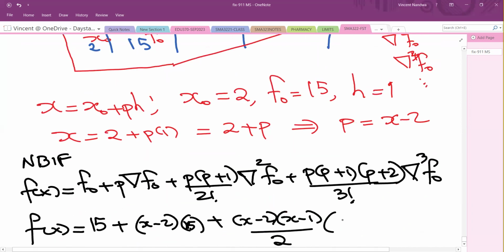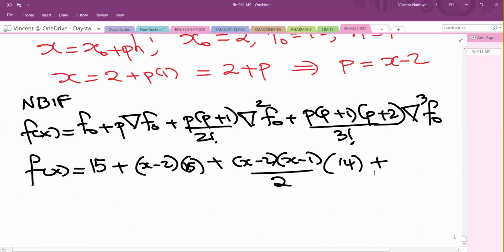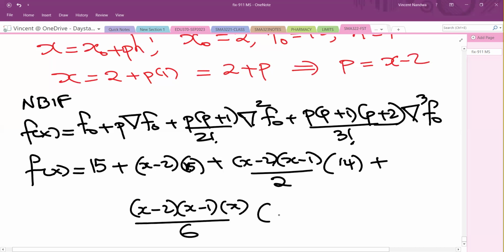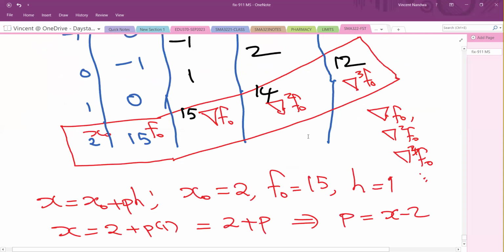And then plus x minus 2, x minus 2 plus 1 is x minus 1, x minus 2 plus 2 is x, over 3 factorial, which is 6, then the third backward of f naught, 12, correct.